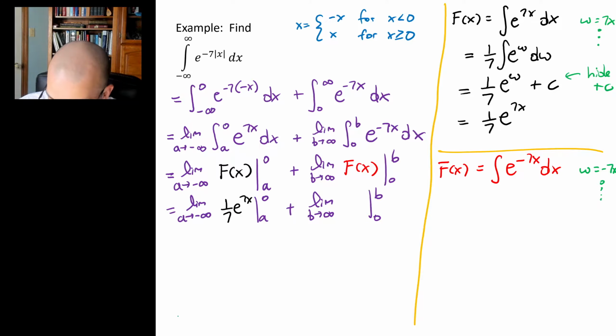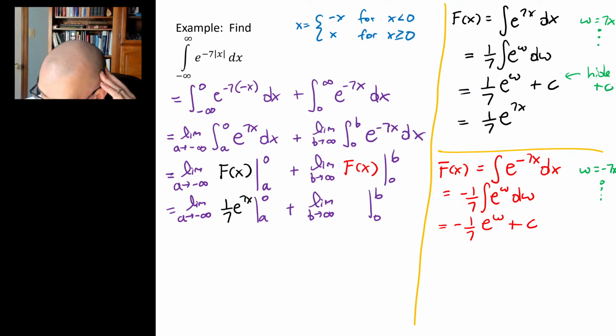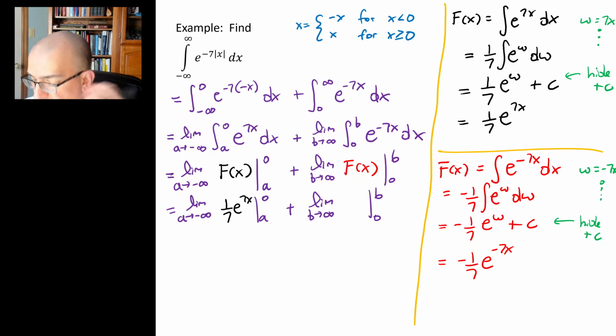Do all the dw, rearrange, and our integral becomes minus 1 over 7 integral of e to the w dw. So minus 1 over 7 e to the w plus c. And then replace the w with what it was originally, negative 7x. Hide the plus c due to the bounds of integration. Okay, that's what we put in the second spot: minus 1 over 7 e to the negative 7x.